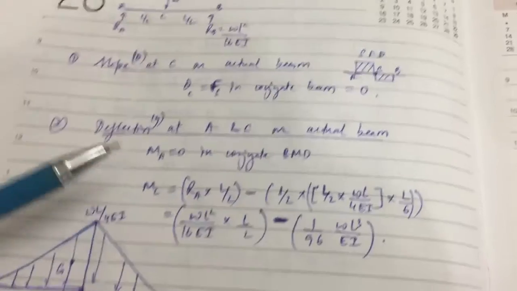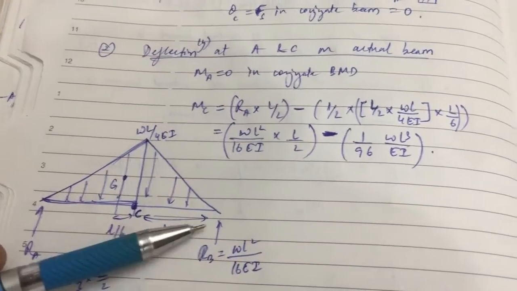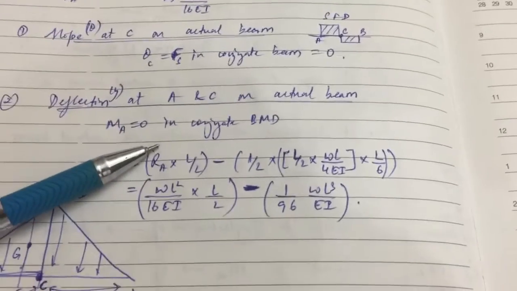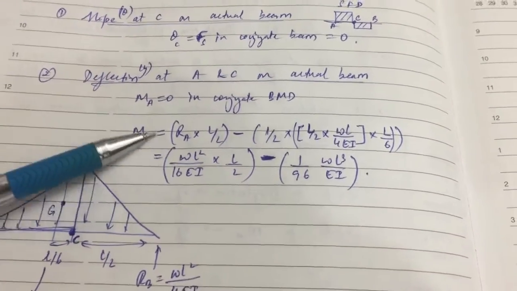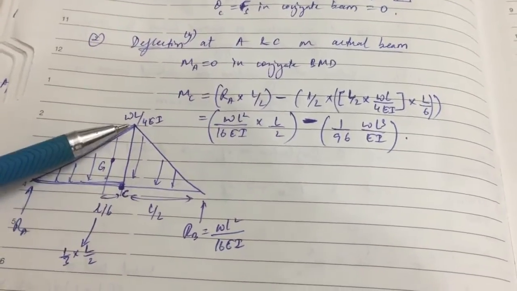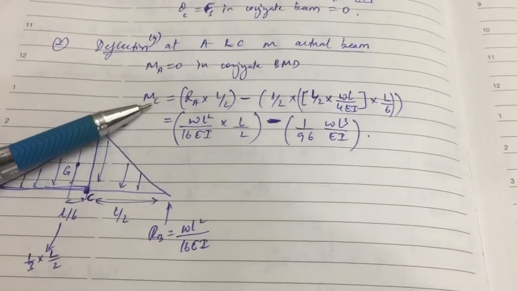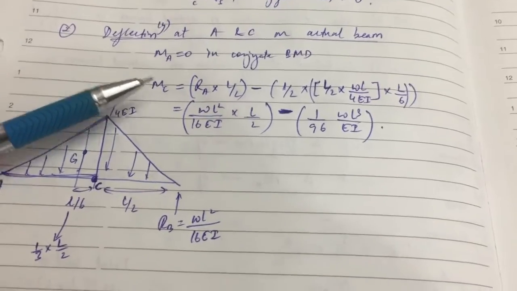As you see, the moment at these 2 points is 0, that means the deflection will be 0, but at the center we have the maximum deflection, which is the bending moment in the conjugate beam.